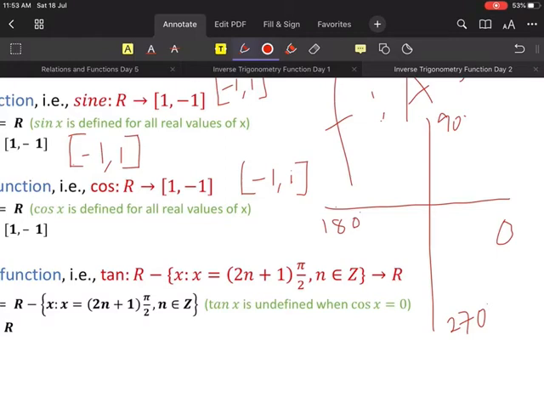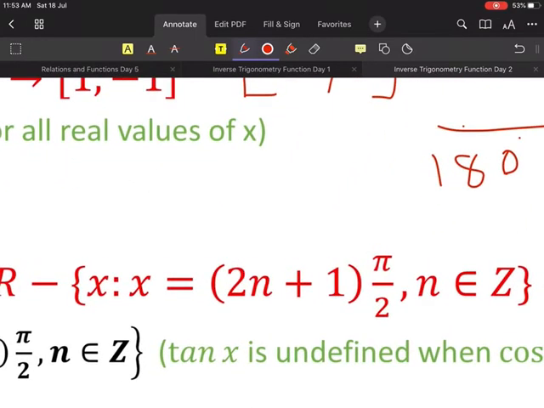1. Now I will tell you why cos 0 is 1. Look at here very carefully. When I am drawing a right angle triangle, so that you can never ever forget, it has a base, this one is the base, this one is the perpendicular, this one is the hypotenuse, right?